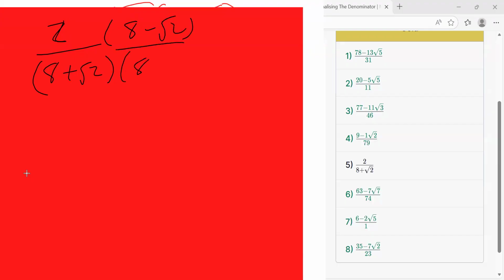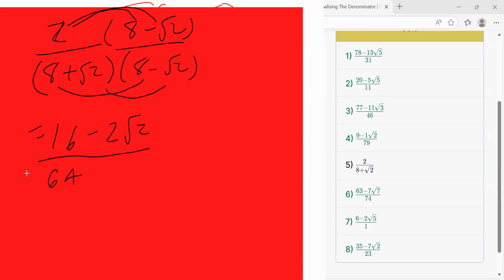All right, so question five. We have 2 all over 8 plus root 2. So we're going to do 8 minus root 2, top and bottom. 2 times 8 gives us 16, take away 2 root 2, all over 8 times 8 is 64, take away root 2 times root 2 is just 2.